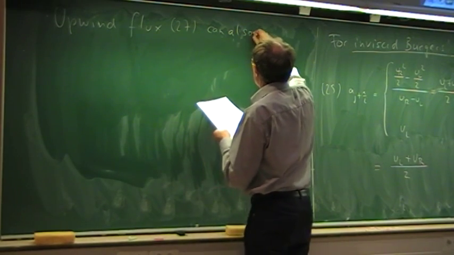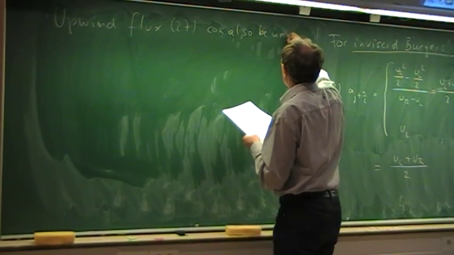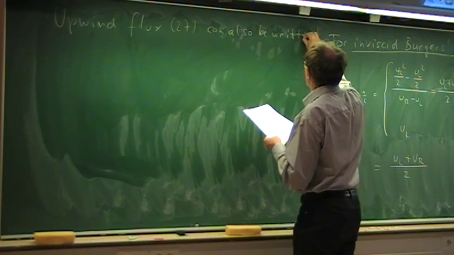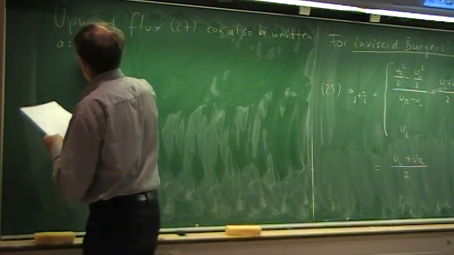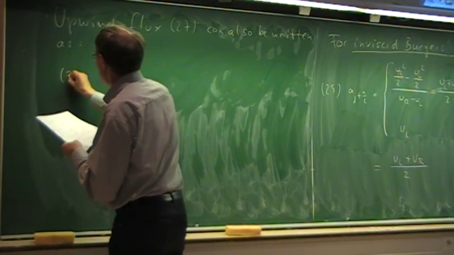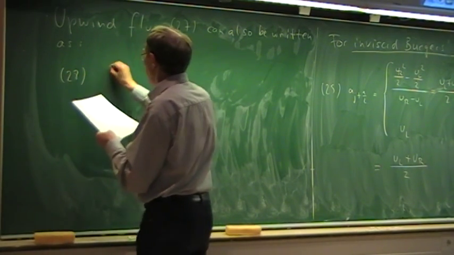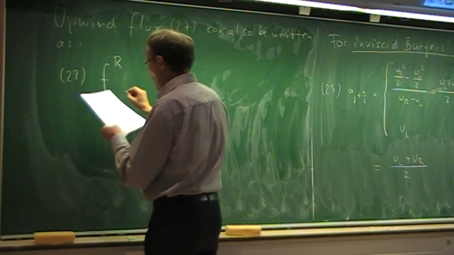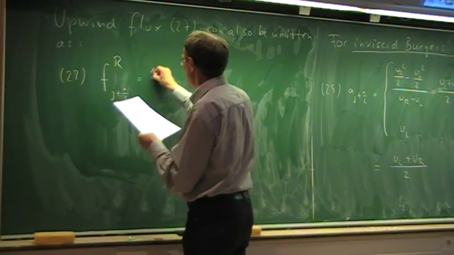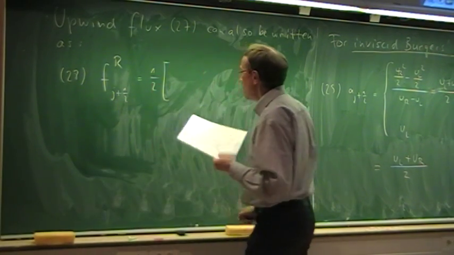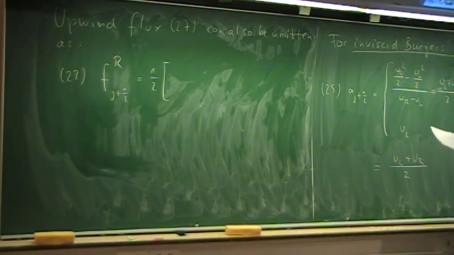can also be written as the following, 28. So the upwind flux for the inviscid Burgers equation can be written as the average of these two fluxes.